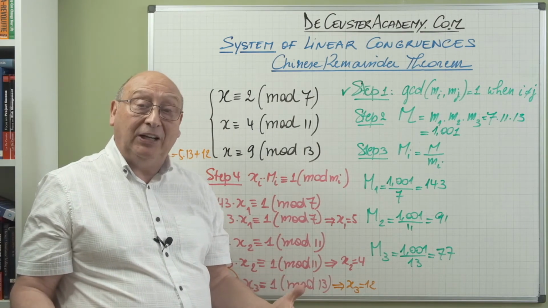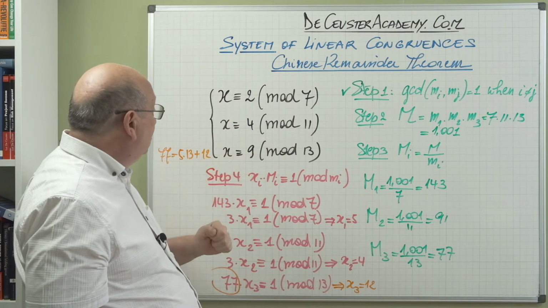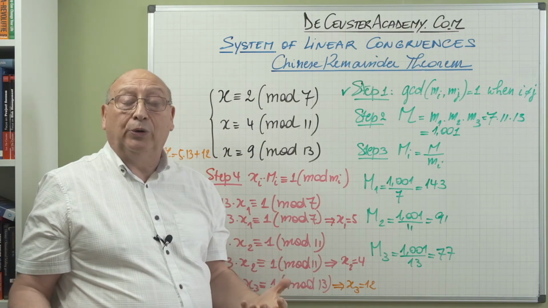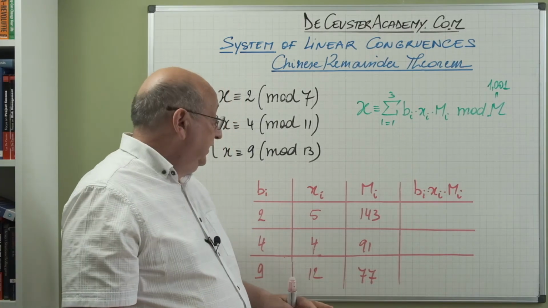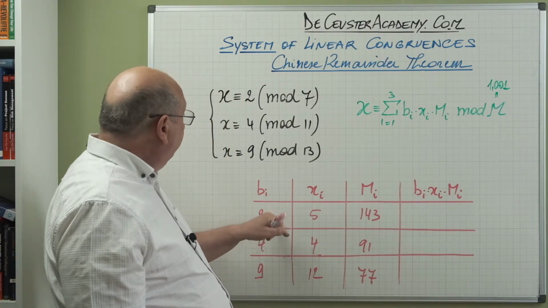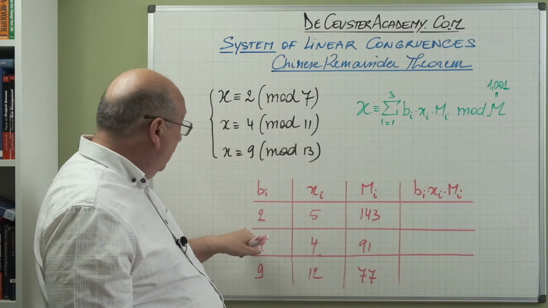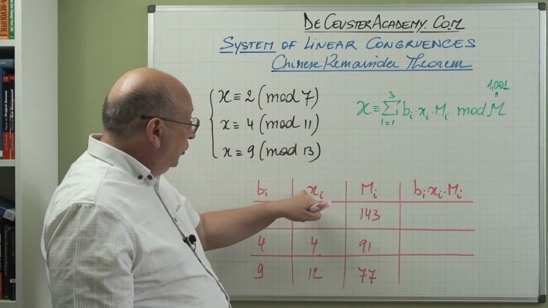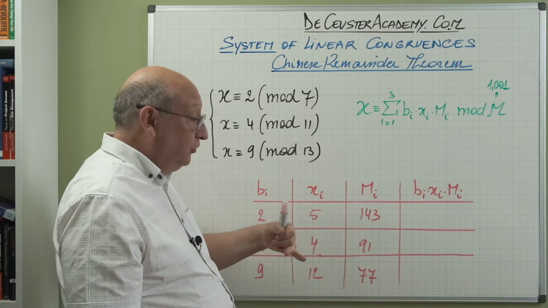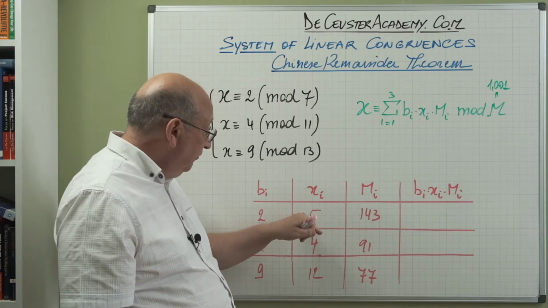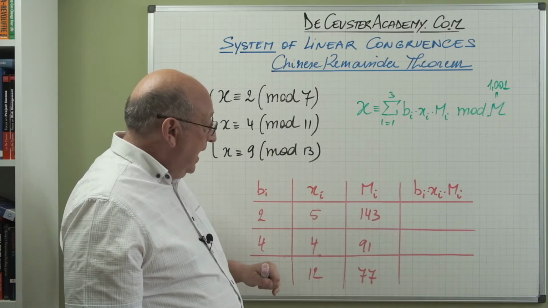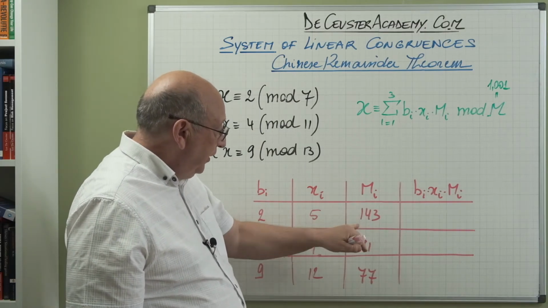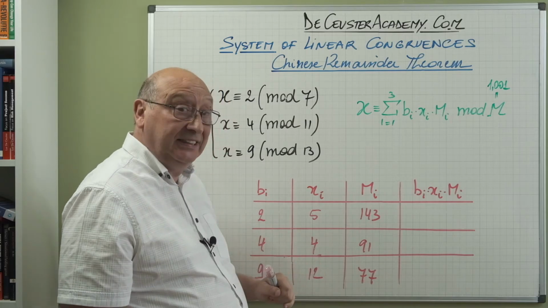What is the x value that complies with these 3 linear congruences simultaneously? So we have the coefficients bi: 2, 4, and 9. We have the coefficients xi we found in the previous calculation being 5, 4, and 12. And the big Mi: 143, 91, and 77.